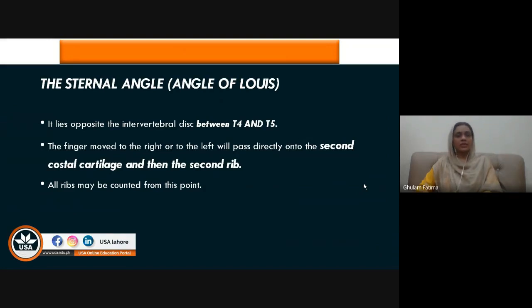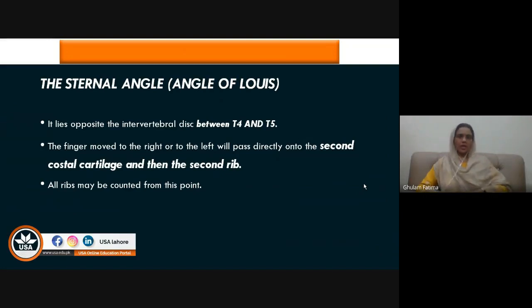So next come your sternal angle, the angle of Louis. Simply, if you move your finger downward from the suprasternal notch, you just slide your finger downward, and after a bit you find a bump there. And if you slide to the lateral side, it will be continuous with the second costal cartilage and then with the second rib.